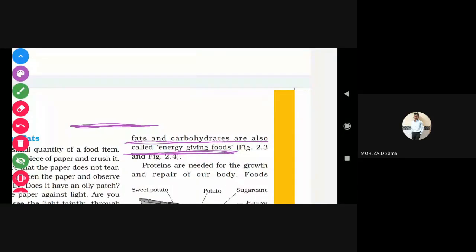Write ahead: foods containing carbohydrates are called energy giving food.